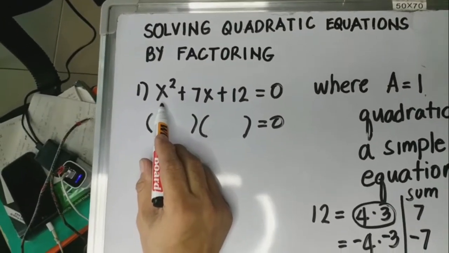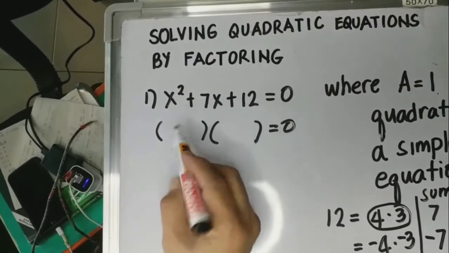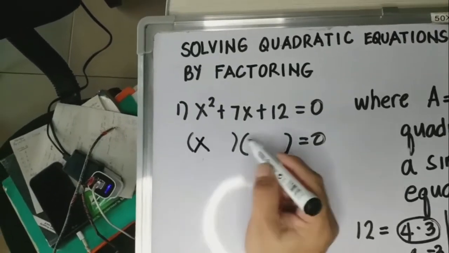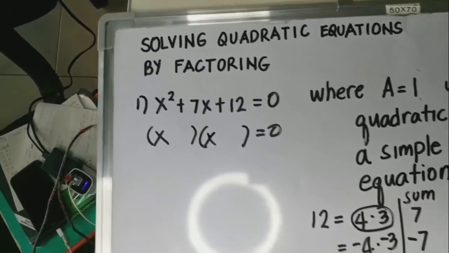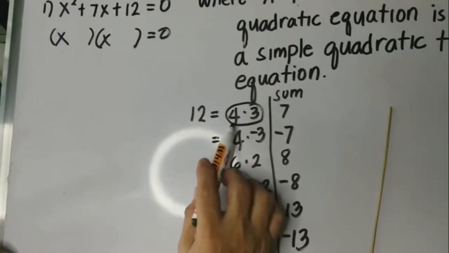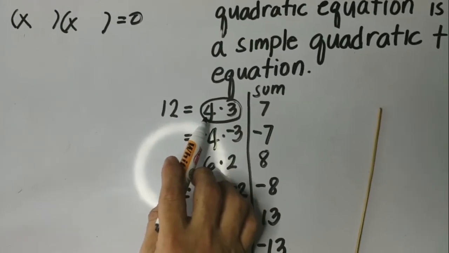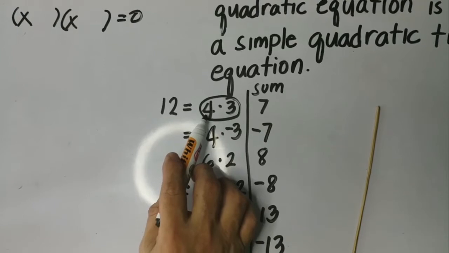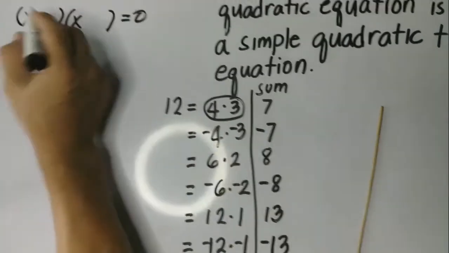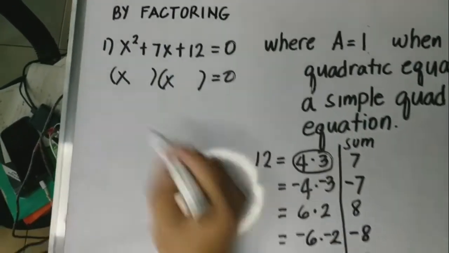Then, get the factors of the first term. What are the factors of x squared? The factors are x and x. Then, get the factors of the third term, which are 4 and 3. So you can write positive 4 and positive 3.